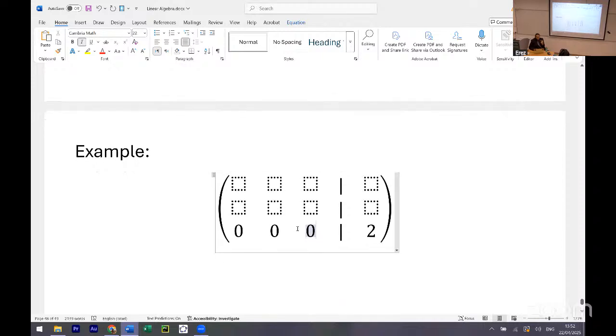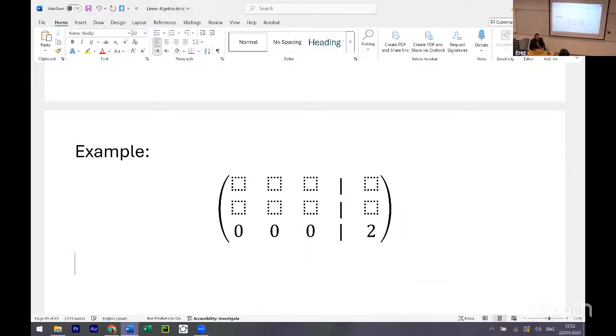What does it mean for the equation? All of the coefficients of the variables are 0, so the left-hand side of the equation is 0, but the pivot, the last element in the column of constants, is different than 0.